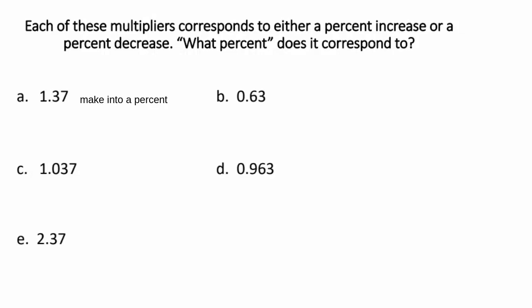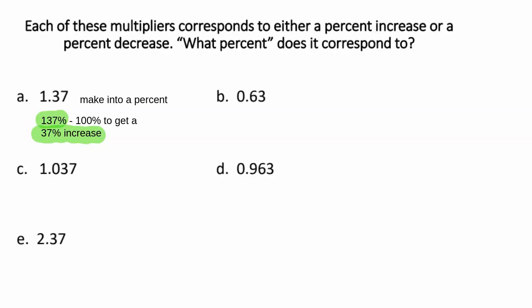Okay. I am going to subtract 100% to get a 37% increase. Okay. I'm getting a 37% increase because this percentage, 137, is more than 100%. It's more than 100%.